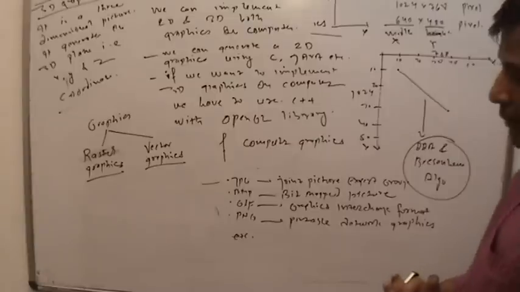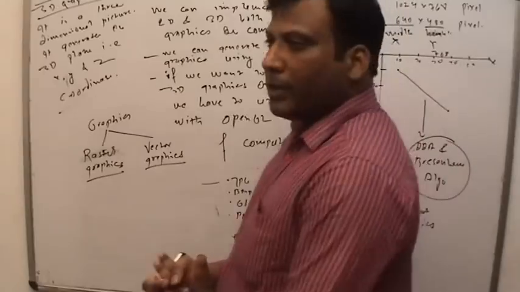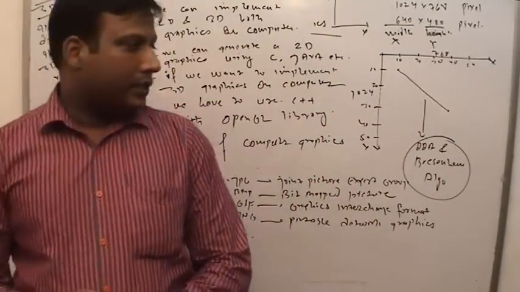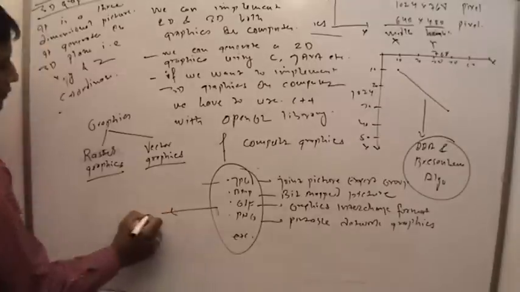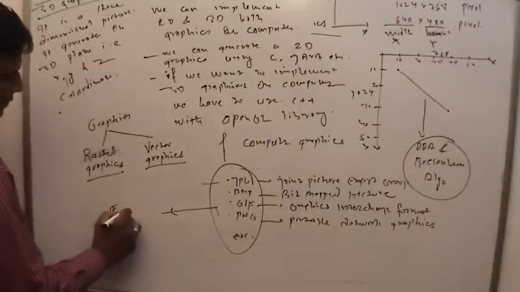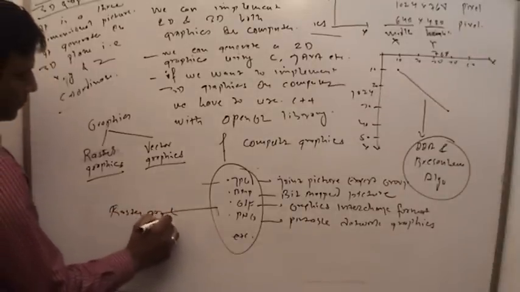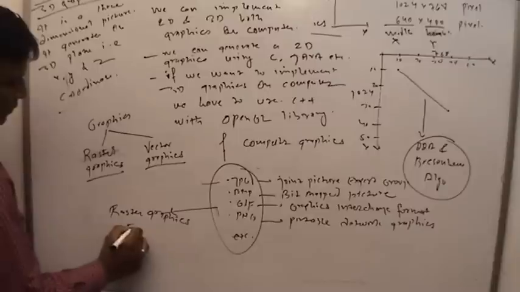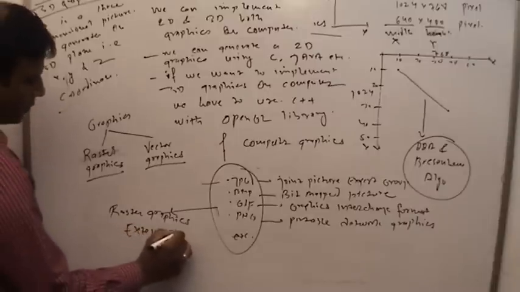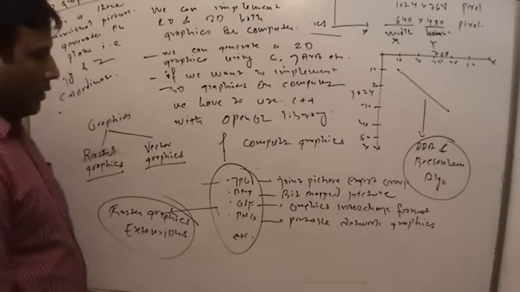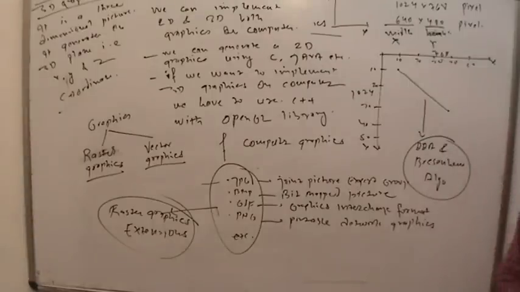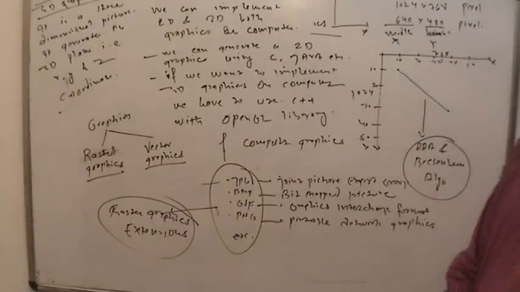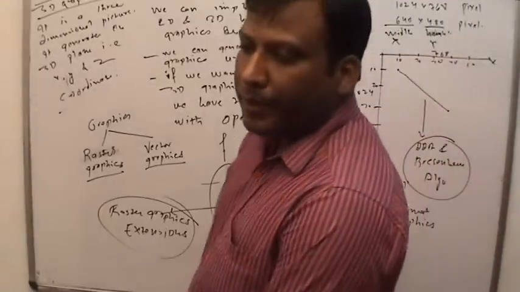So the computer can implement both the graphics, that is the raster and vector, and these are the extensions of raster graphics. JPG, Joint Picture Export Group, is an extension of raster graphics. BMP, Bitmap Picture, is an extension of raster graphics. Raster graphics is made up of combinations of pixels.